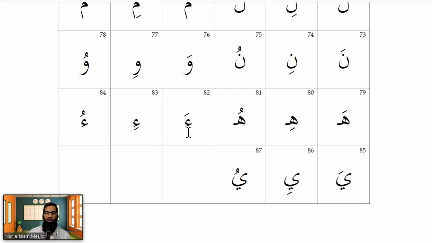Now, before we go to a little bit of practice, let me go to another type of example. We have some examples of the vowels that we just did, the fatha, the kasra, and the dhamma, in actual words. That will help you see how it sounds in a word. This word is the word for swimming. So you see this little guy swimming. The word here is sabaha. Can you say that? Sabaha.